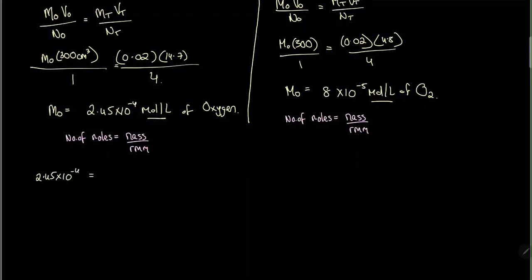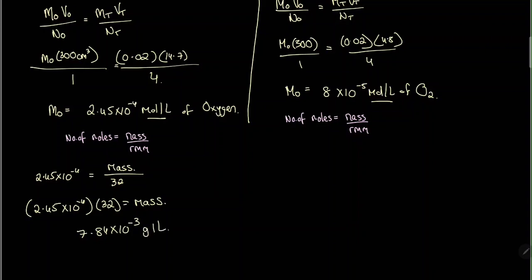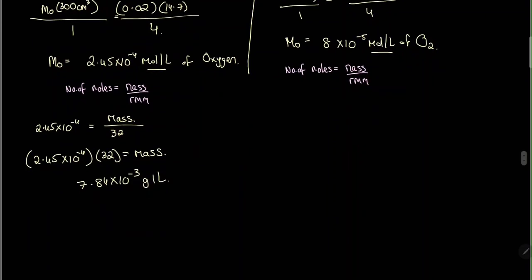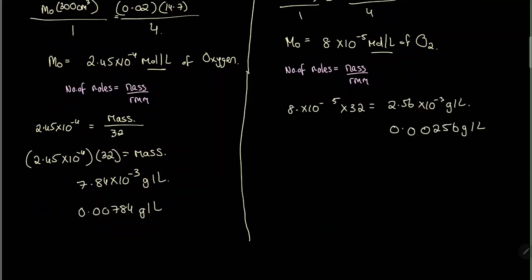And then our relative molecular mass for oxygen is 32. And you're just going to work out the mass. So just maneuvering that equation around, we can work out what the mass is. Grams per litre.